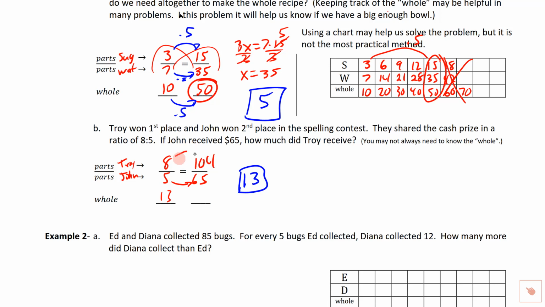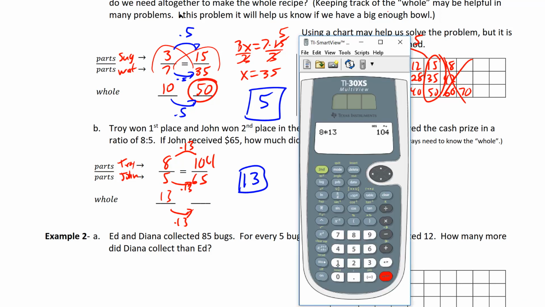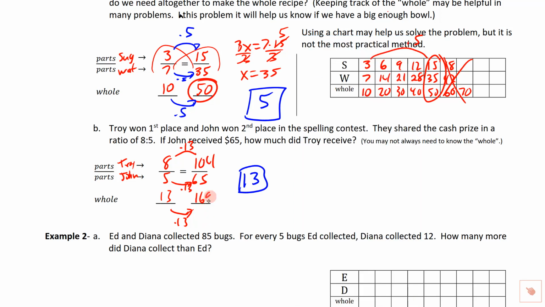Now, we got that by multiplying by 13, so we multiply both sides by 13. If we wanted to use this as a double check, this would be kind of cool. Let's multiply that by 13. So if we grab our calculator and let's do 13 times 13, we end up with 169. Now, it didn't ask for that. What it said is, how much did Troy receive?